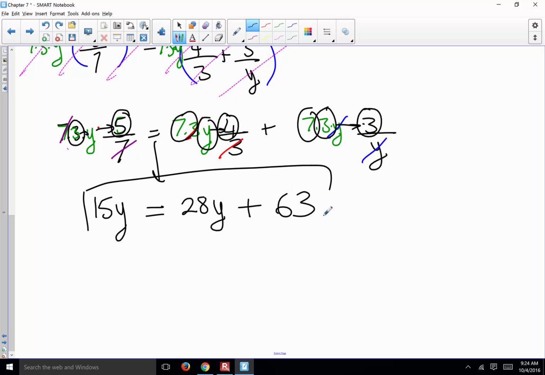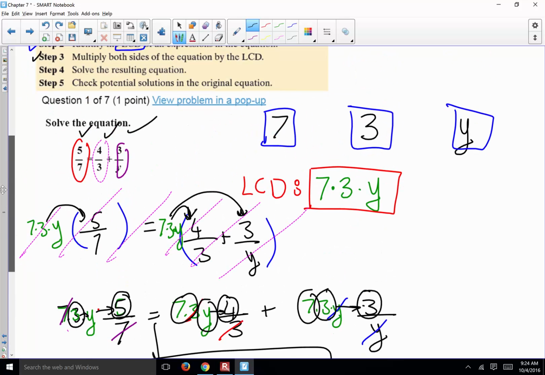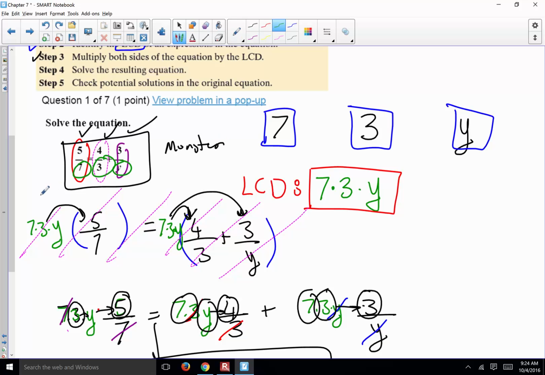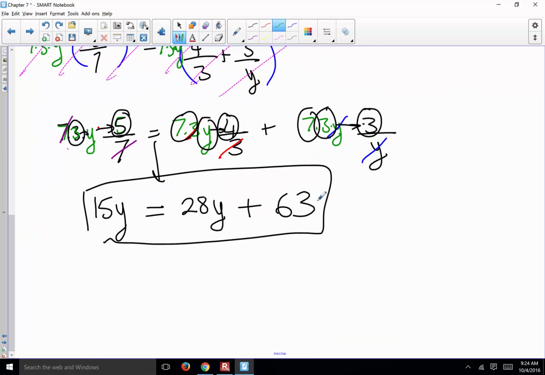Oh my god, look at this. Your monster. Why was it a monster? Why was it ugly? Because we hate denominators. Denominators are gone and this is beautiful. Why is it beautiful? No denominators. Yeah, it's beautiful, but it's a little bit fat.